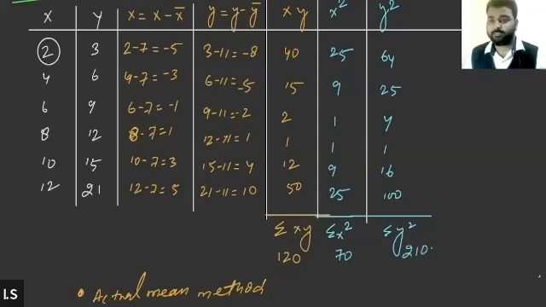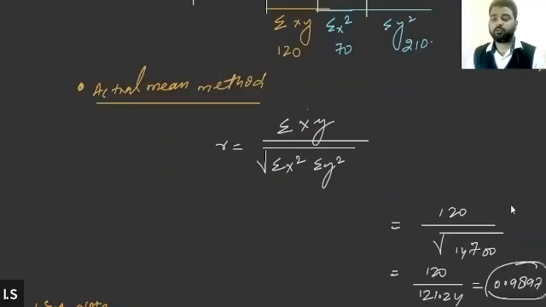Tell me, Alexander and Steve, is this clear to both of you or not? Clear, sir. Okay, very good. Now we will simply put these values into the formula, and you will be writing it like this. In place of sigma xy, we will write 120, right?